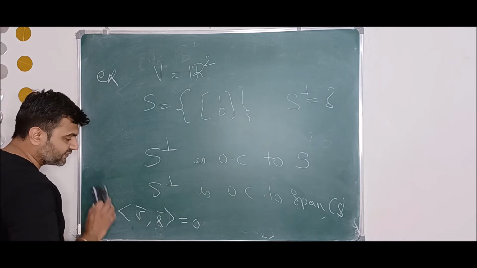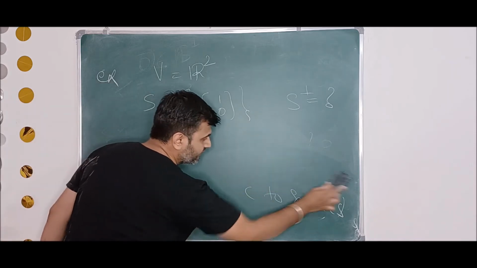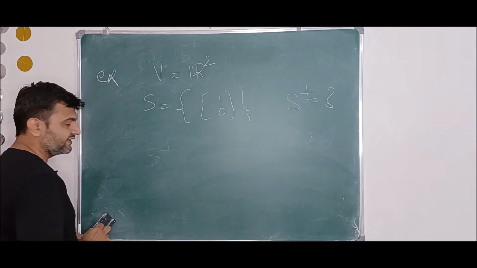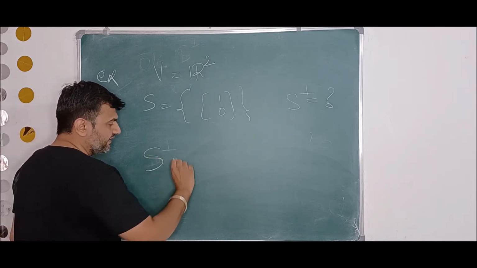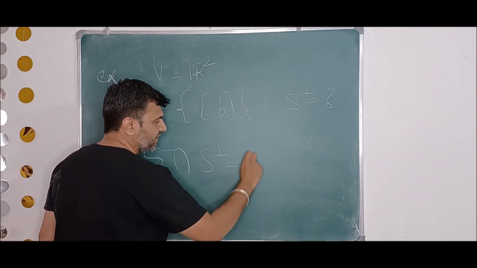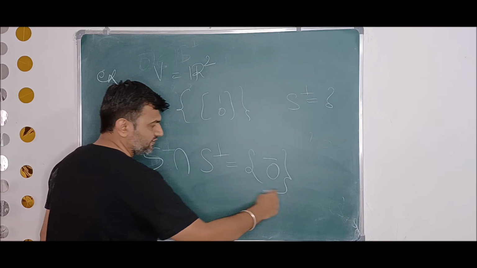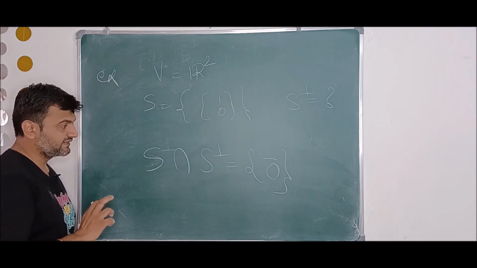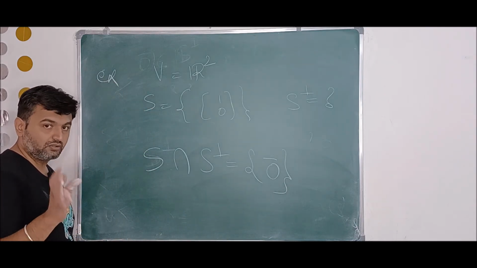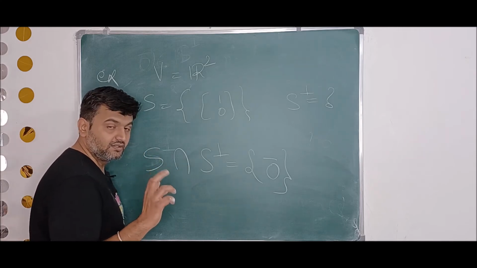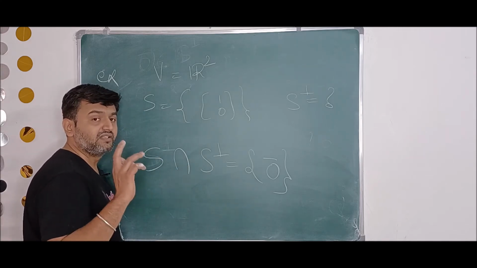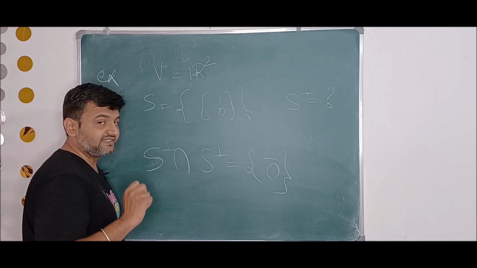Okay, so that is one thing. Another thing that one should observe is, if your S is a subspace, then S intersection S perp is always the singleton 0. I'm not saying it's empty. They have a common element, but that common element is nothing but the 0 element.